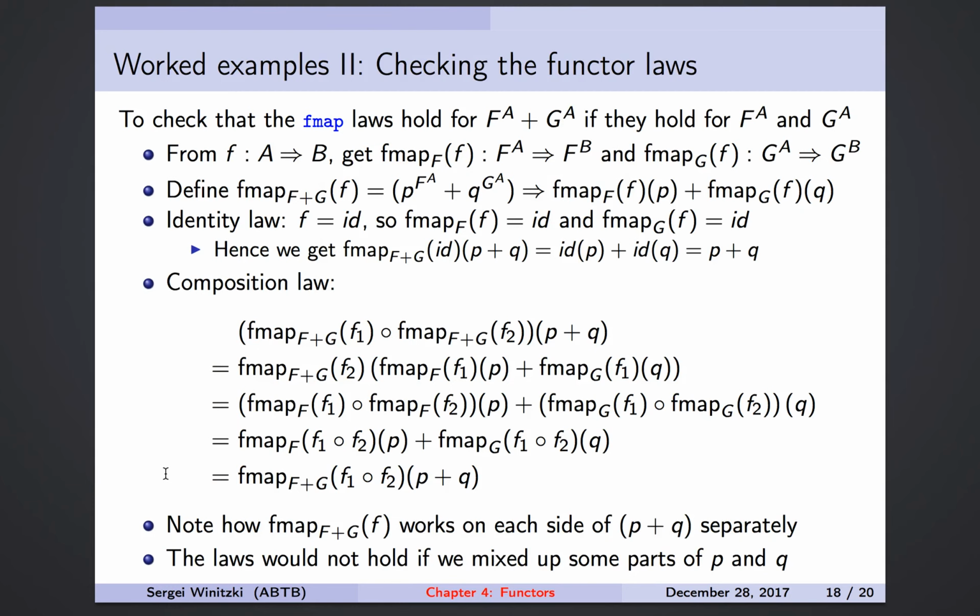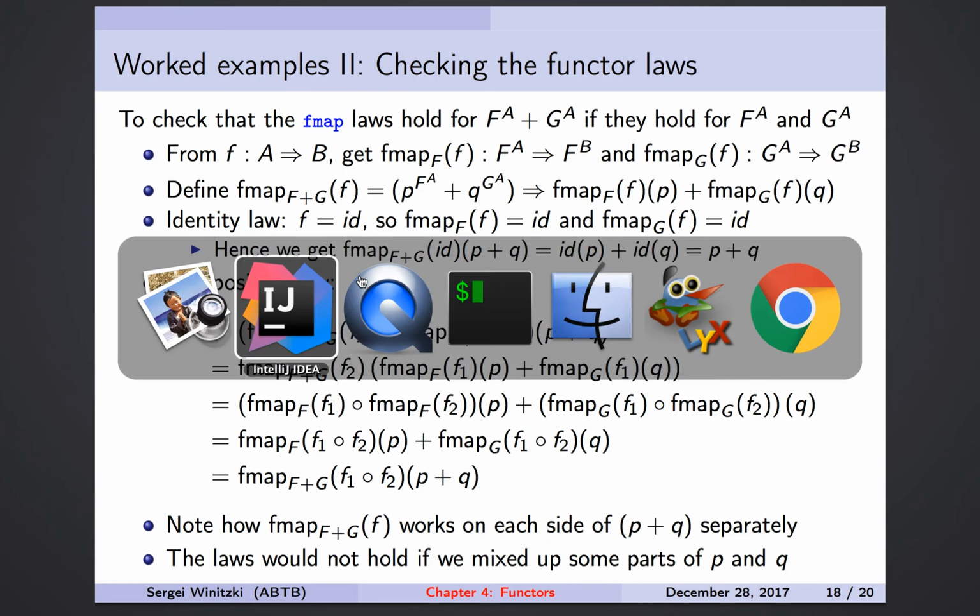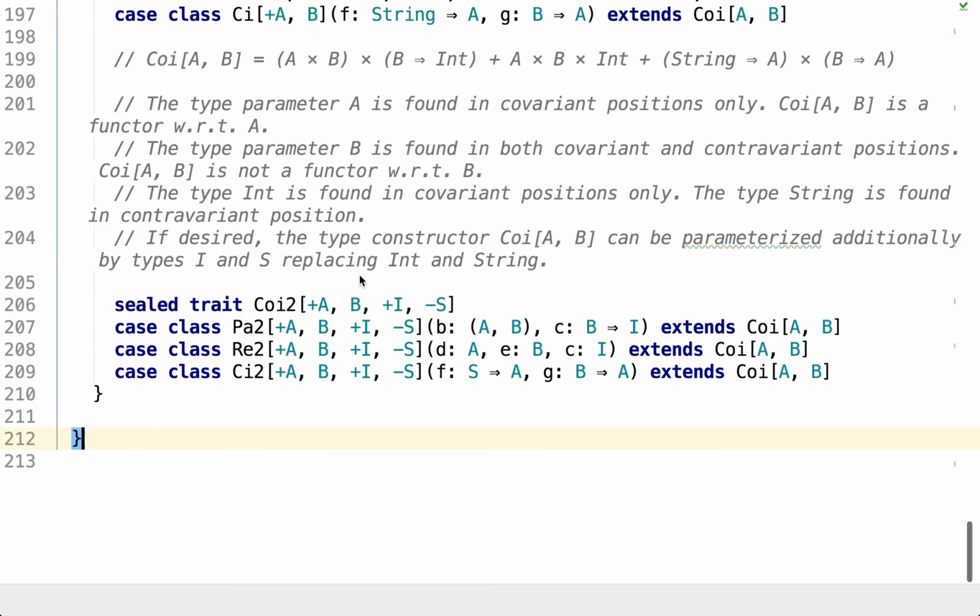The first case is the disjunction of two functors. So how does that work? Now, let me actually go and show you the code for this disjunction before we look at the short notation.